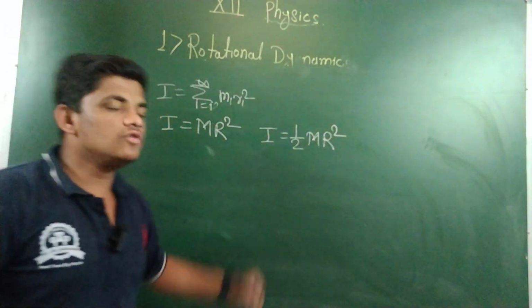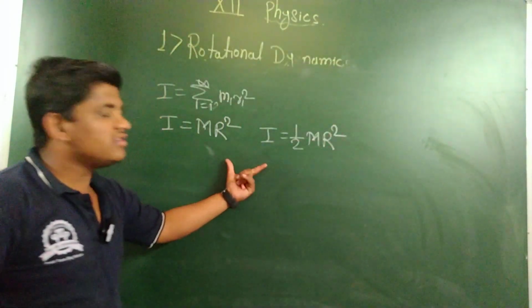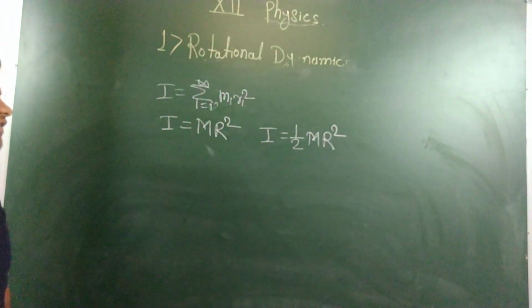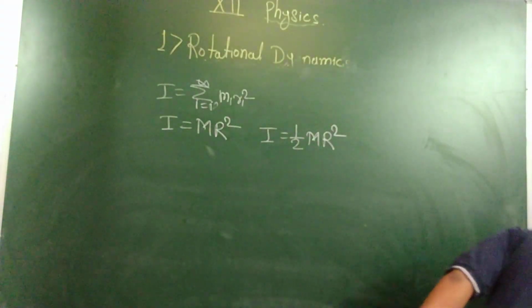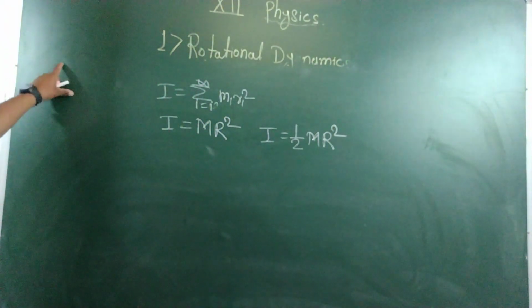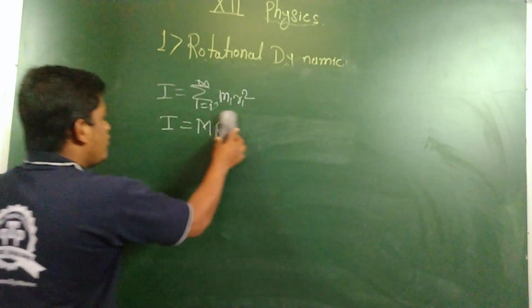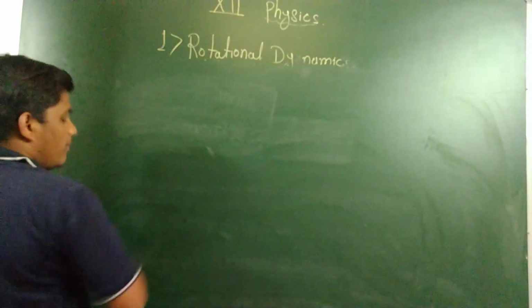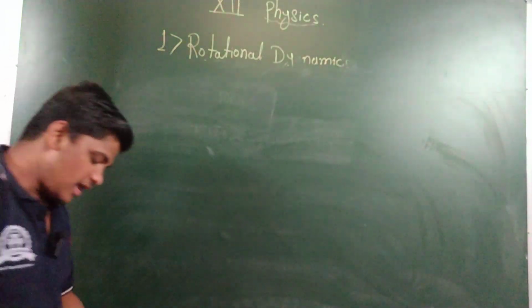Both equations will be useful when we compare them with the help of the radius of gyration. In these lectures we discussed the definition, meaning and dependency of the radius of gyration, and compared the moment of inertia of the uniform ring and the uniform disk with the help of the radius of gyration.